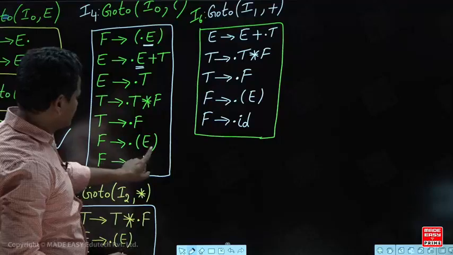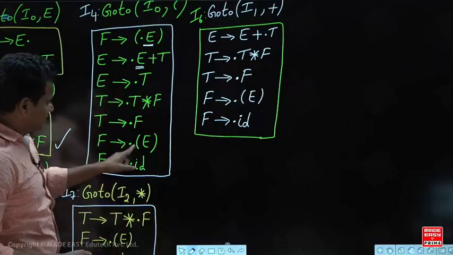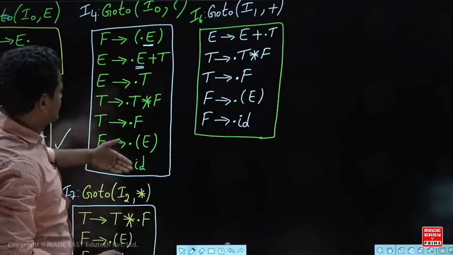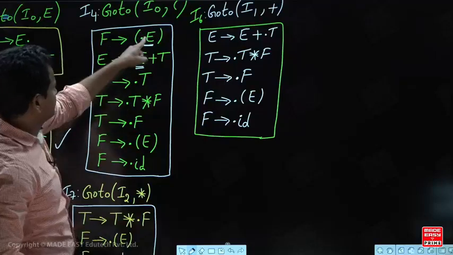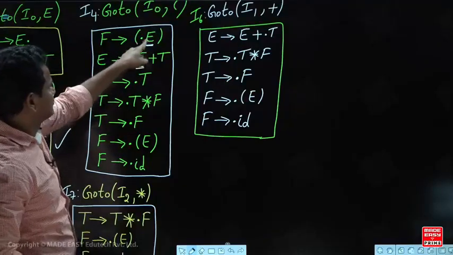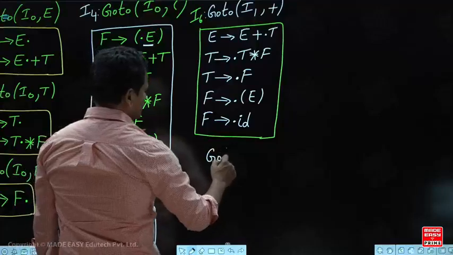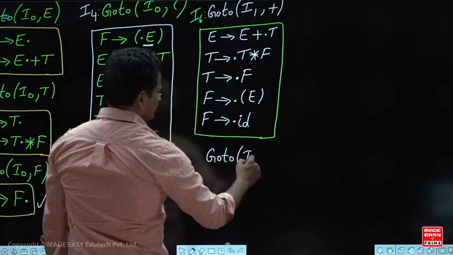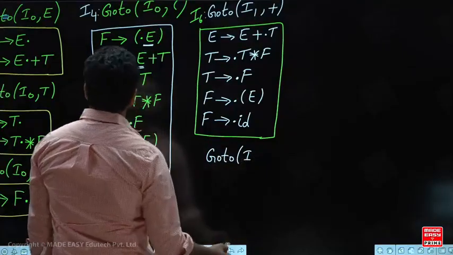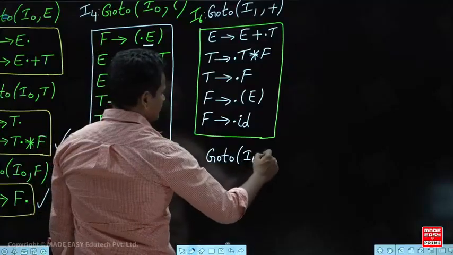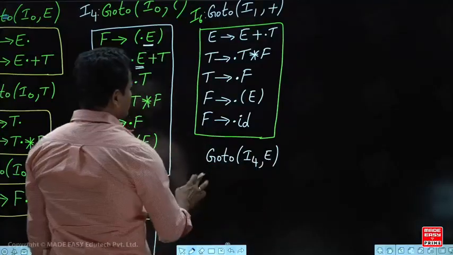Here, but it is not a shift symbol; here the shift symbol is a terminal. So in this entire state, the shift symbol is E here and E here. Both are the same symbols. So go to of I4 comma E.